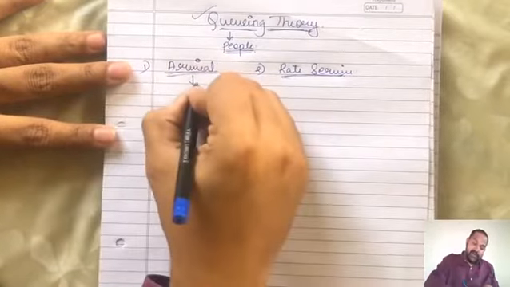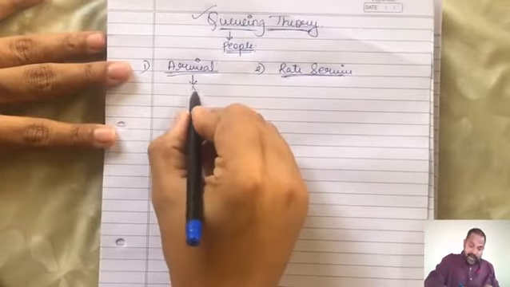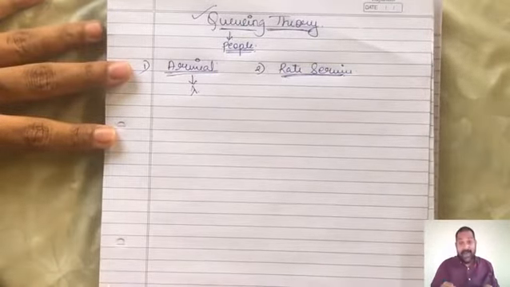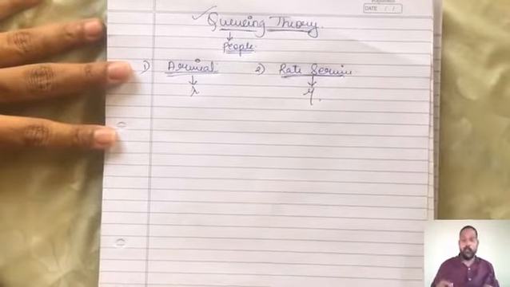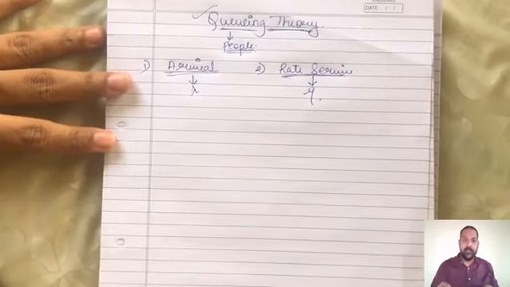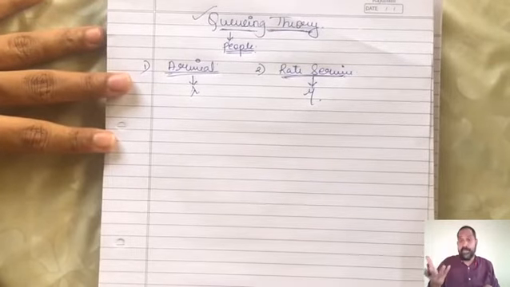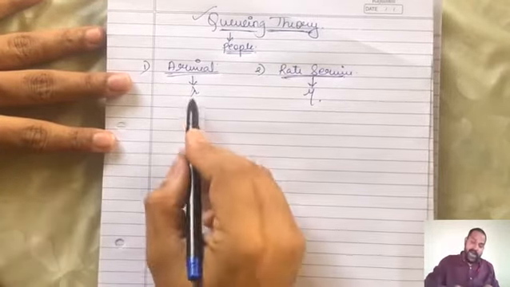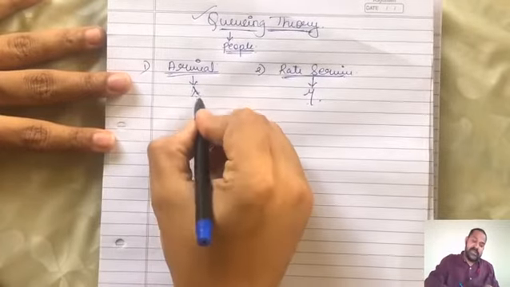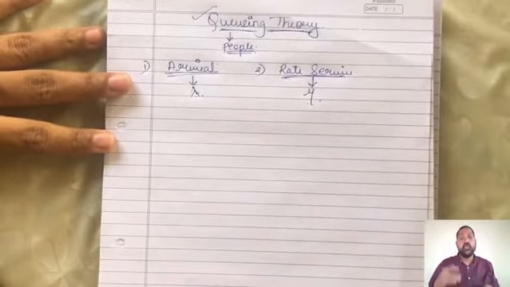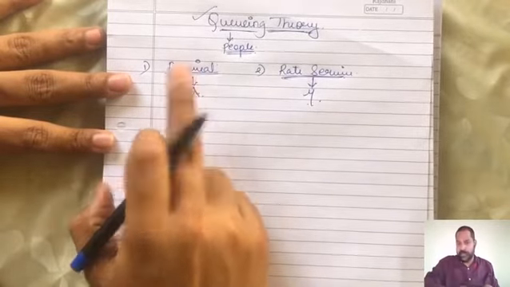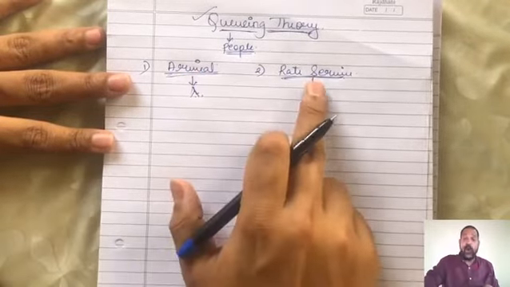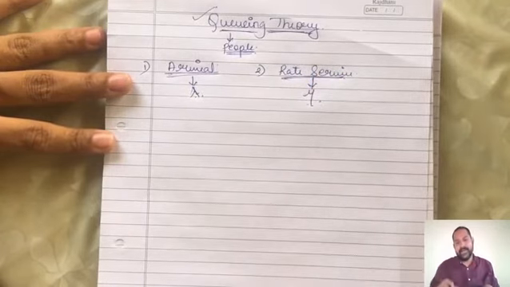One is arrival, we call it lambda, and one is service, and we call it mu. Lambda and mu are these notations given to arrival rate and service rate. So you need to tell me at what rate people come to take service and at what rate I am providing service.